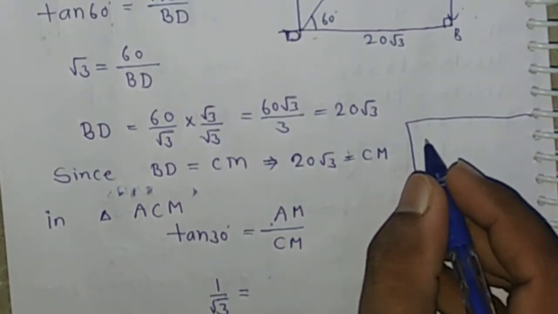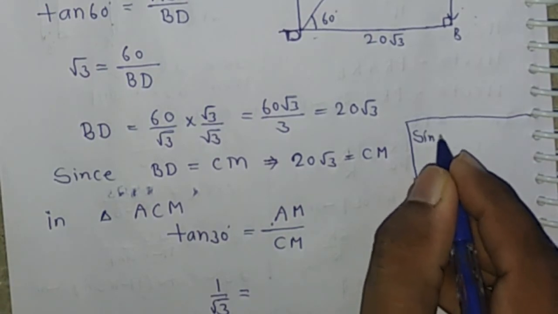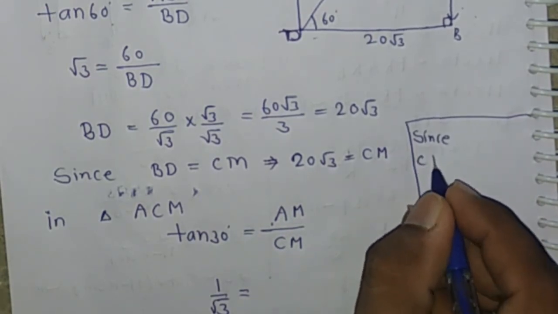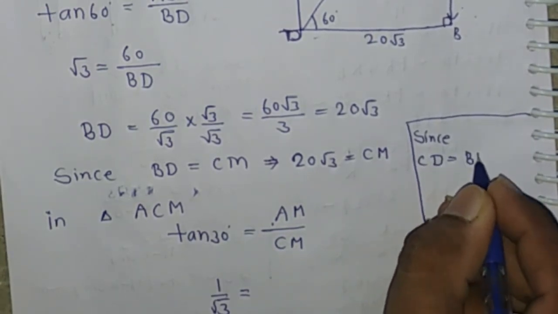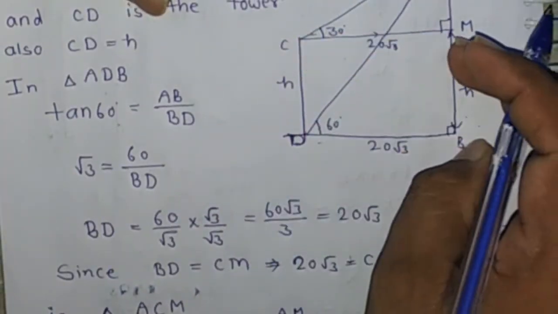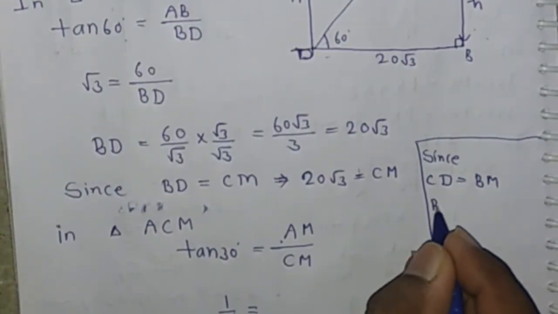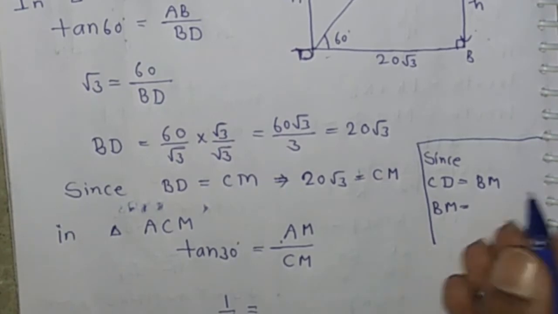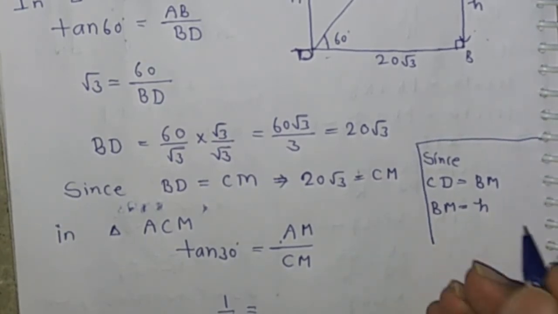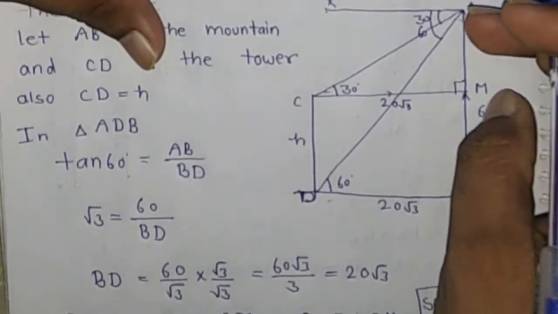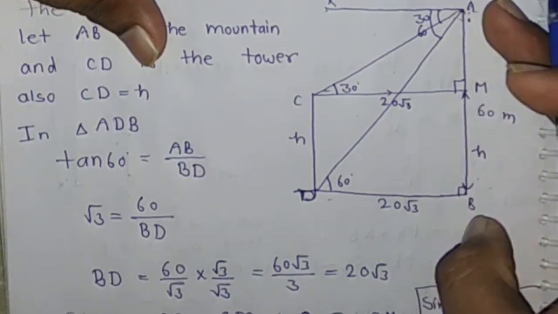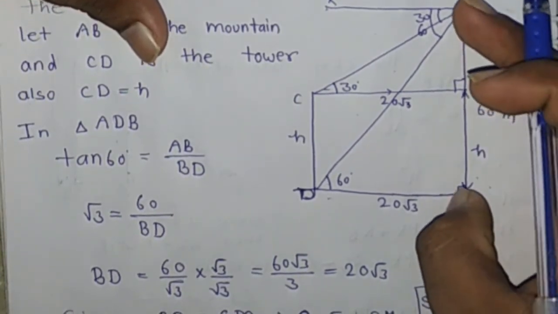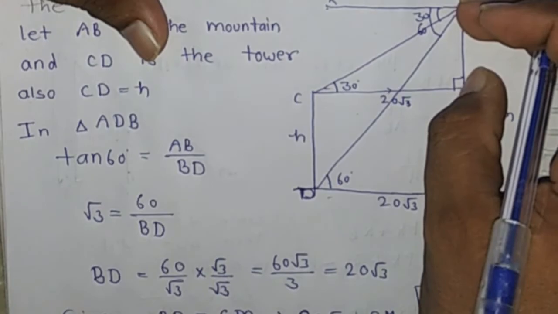Since CD equal BM, then BM equal to CD, means value of CD is h, BM equal h. Now AM is equal to AB minus BM, means when BM is removed from AB, then AM will be made.